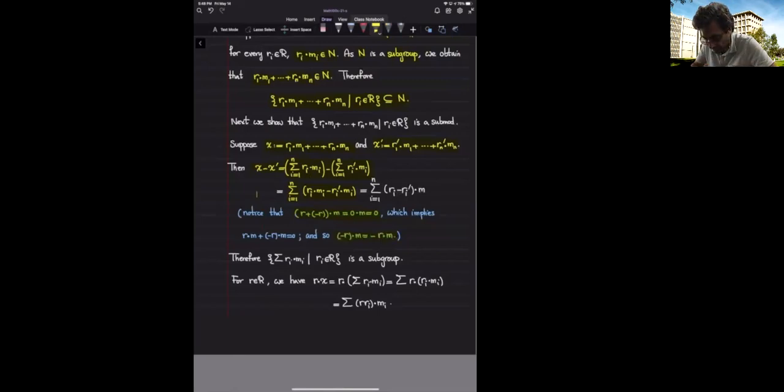It is important over here because we have negative r prime times m, but instead of this I'm going to write plus minus r sub i prime times m sub i. So this way I can factor out m sub i and get to this equation.